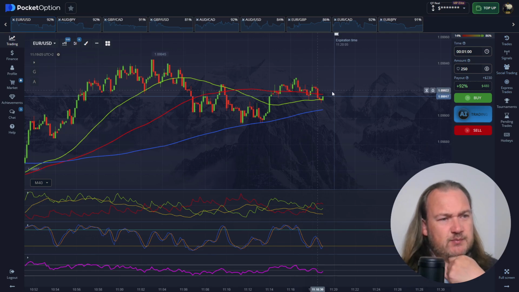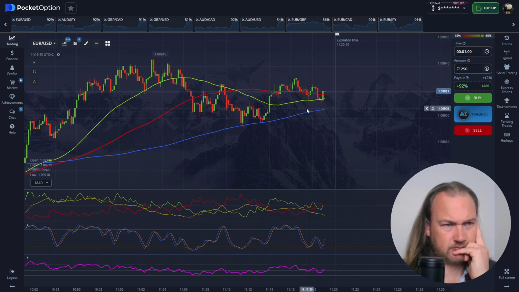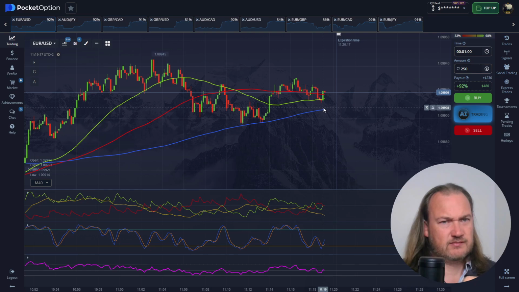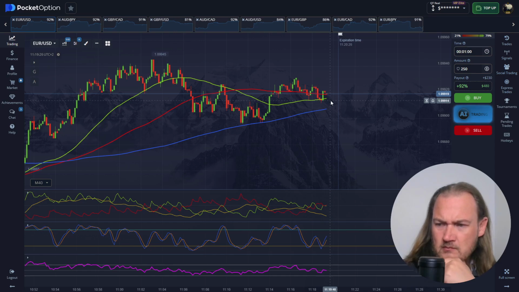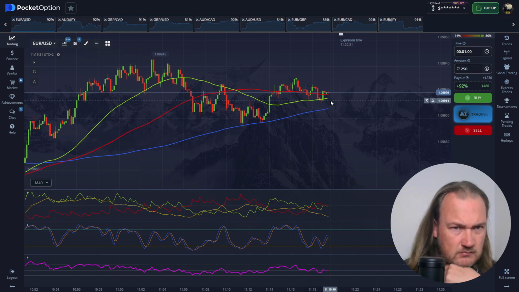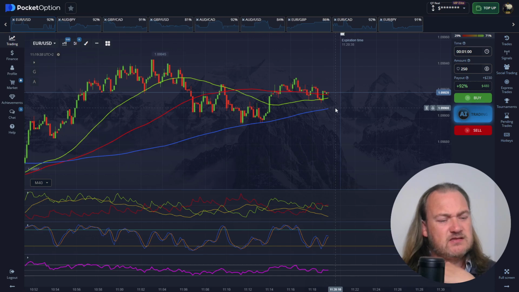Okay, looks like we might have a bit of sideways movement for a little bit. But let's see what happens. I think maybe one more. Let's see if we can find something.